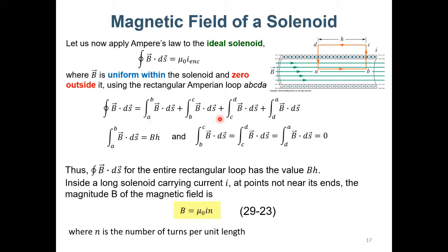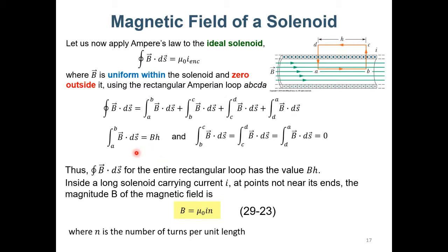So within these 4 terms, 3 of them are 0, and the rest is only from A to B. And we assume B is uniform within it, so it is nothing but B times the length of this segment, which is small h. So this one is nothing but B times h. Any questions?